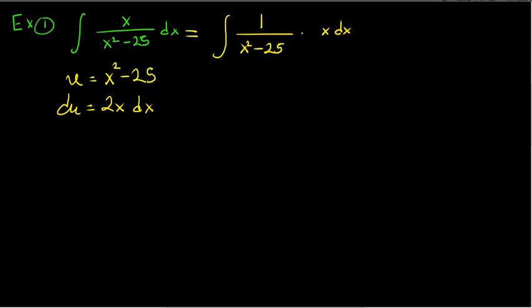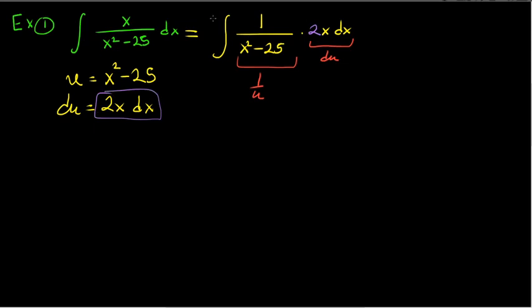So you can see that I have my x dx here, right? But what am I missing? I'm missing the 2 in front, right? To change this to du, if I want this to be the same as du here, and this would become 1 over u, then I have to insert a 2 here, right, to make it match with this.